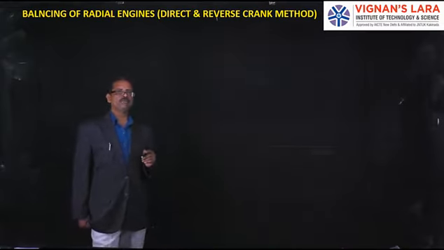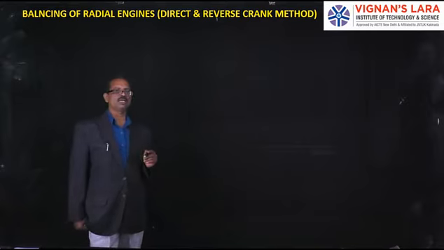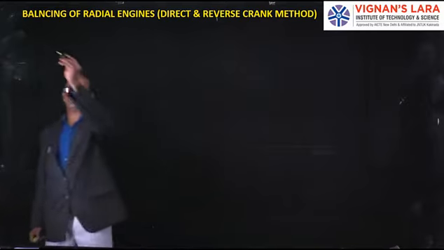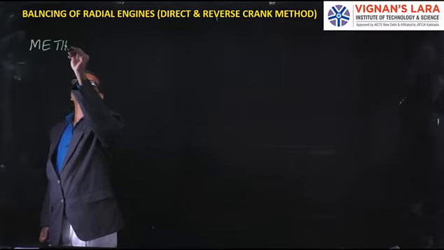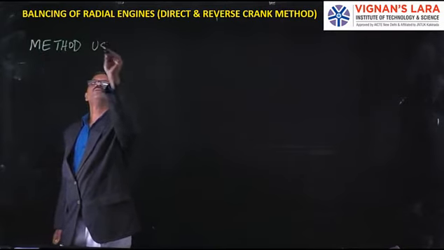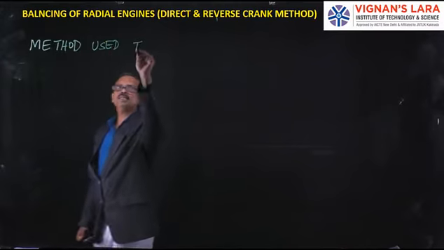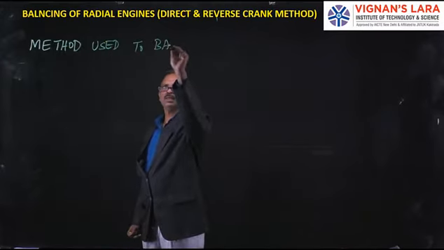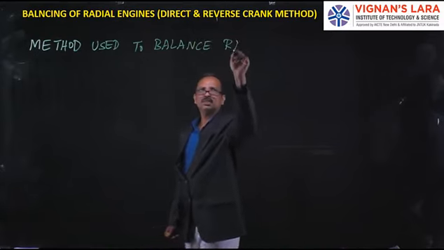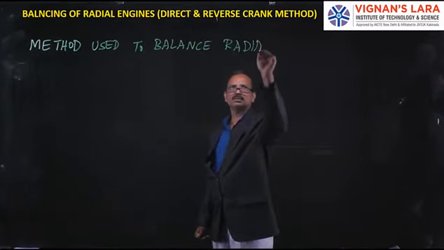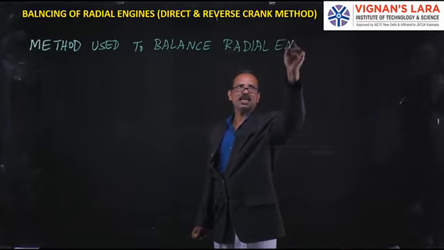The method we use here is called the direct and reverse crank method. The method used to balance radial engines is the direct and reverse crank method.